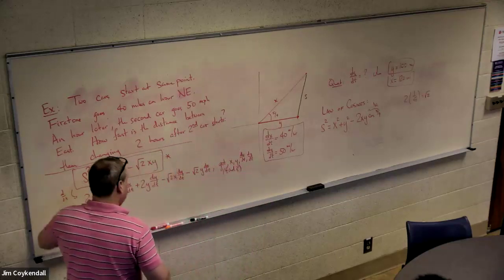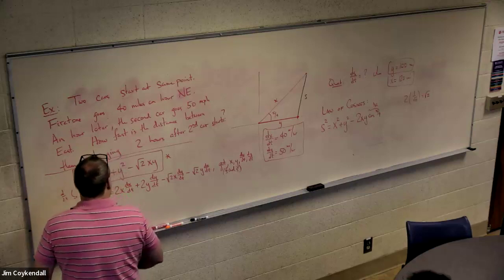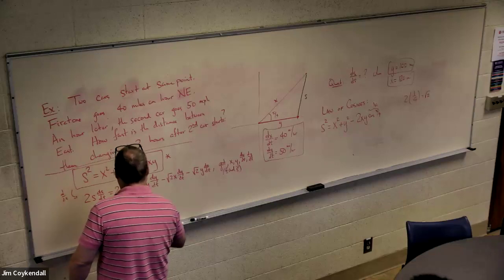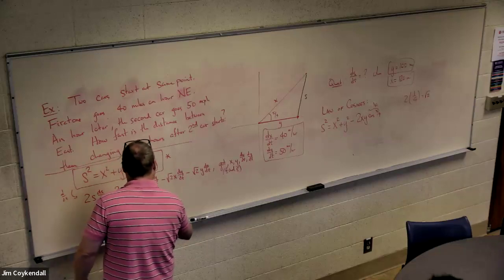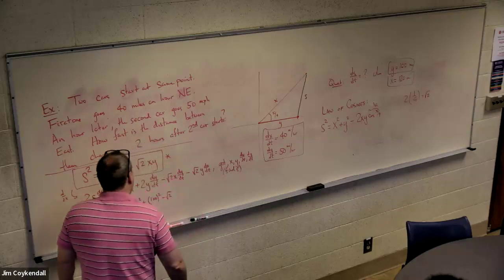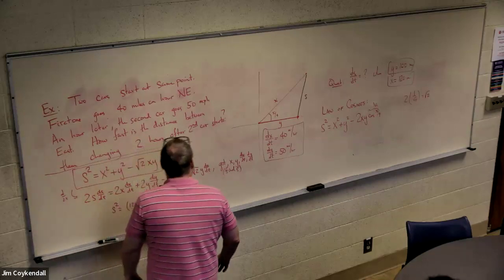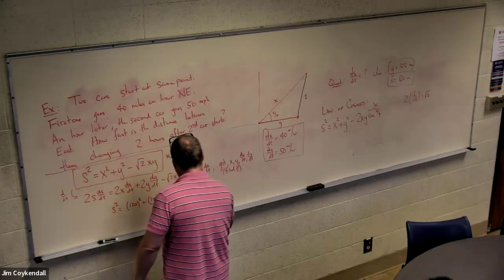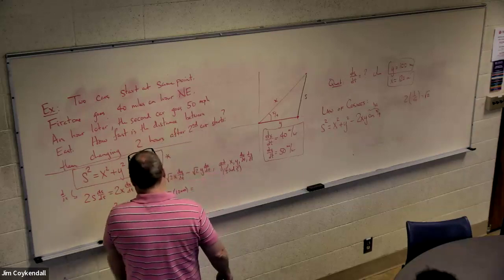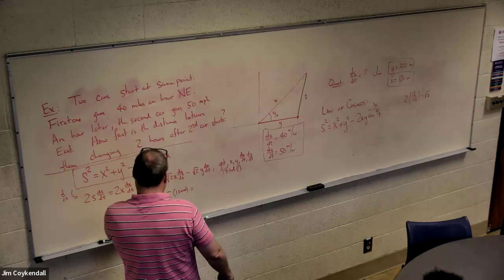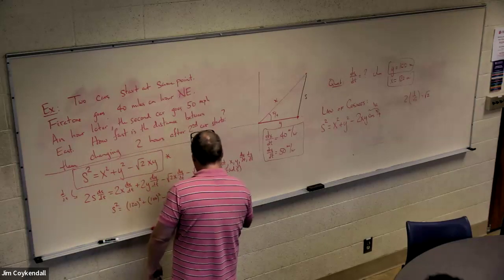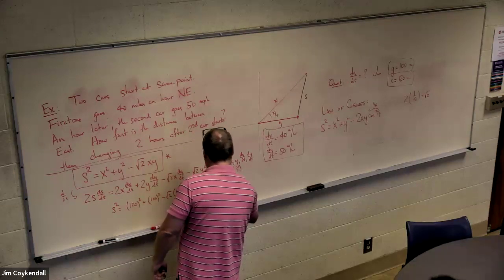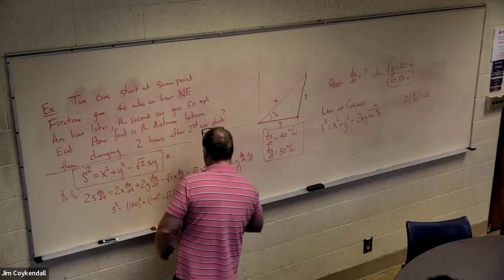Well, use this equation. X was what? 120. Y was 100. And X times Y, I guess it's 12,000. So I get 14,400, another 10,000, it's 24,400 minus 12,000 radical two.